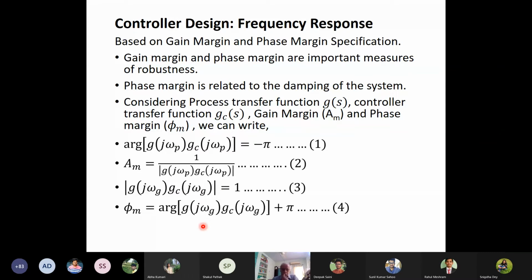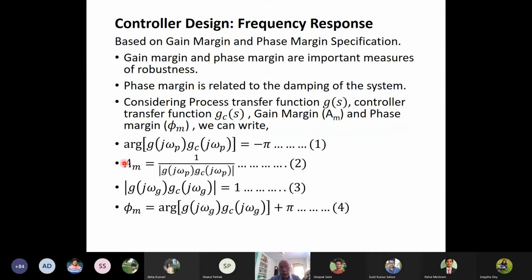Now in these 4 equations, you can see the G parameter is known, but in the G_C, if I use a PID controller, then we have K_c, tau_I, and tau_d. 3 parameters are there: K_c, tau_I, and tau_d.